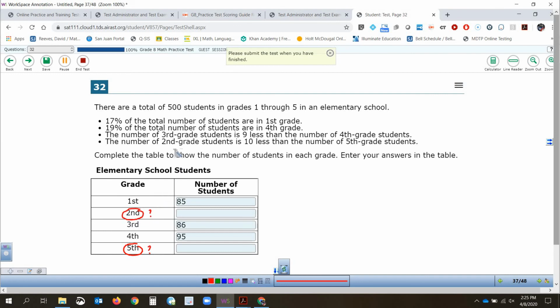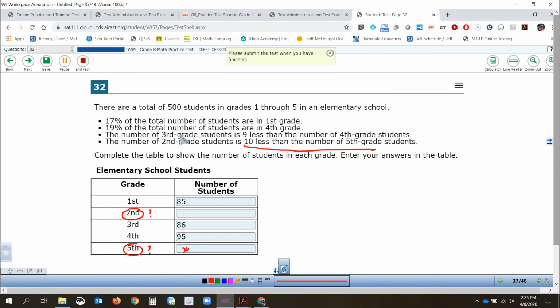And what did they just tell me? They told me that the number of second grade students is 10 less than the number of fifth grade students. The problem is I don't know how many fifth grade students there are. Do you remember in a previous problem when we didn't know what something was, we represented it by x, right? That's what we do in algebra. Something we don't know is x.